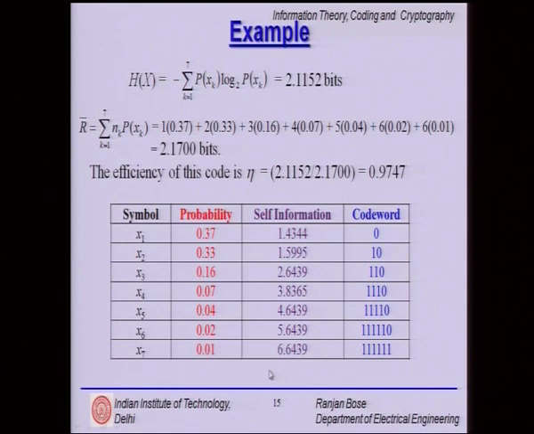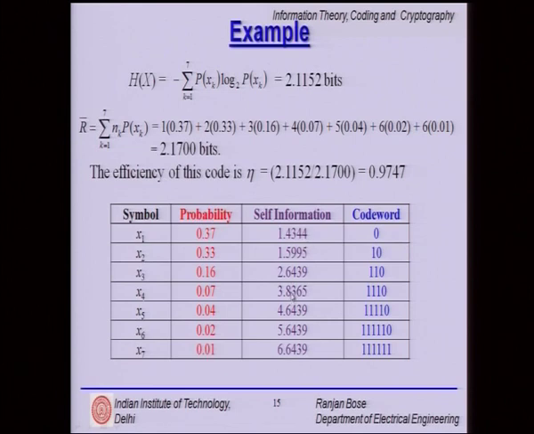So, clearly the self information, which necessarily does not have to be an integer, is all over the place, from 1.43 right up to 6.64. Code words on the other hand must be integers, right. So, we cannot really fine tune too much in terms of the code word lengths as opposed to self information.